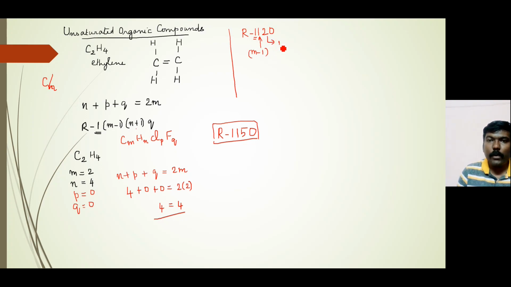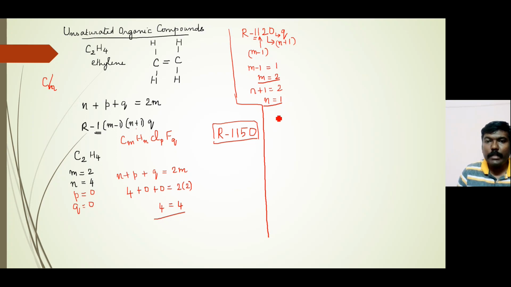This 2 stands for N plus 1, and this 0 stands for Q. Okay, so now let us write it down. M minus 1 is equal to 1, which means M is equal to 2. Then we have N plus 1 equal to 2, which means N is equal to 1. Okay, M is equal to 2, N is equal to 1.